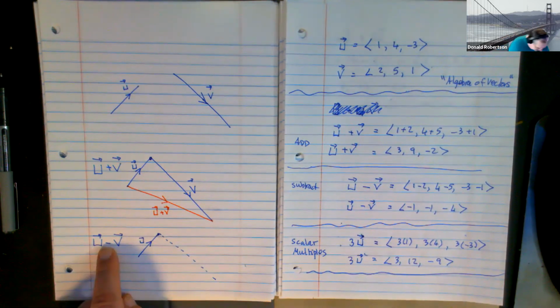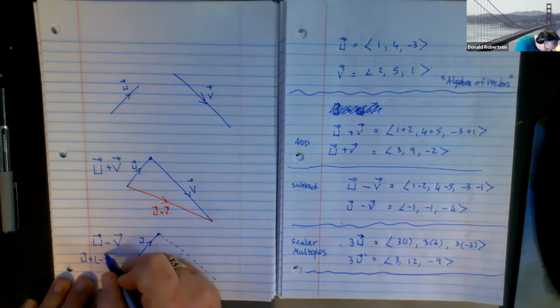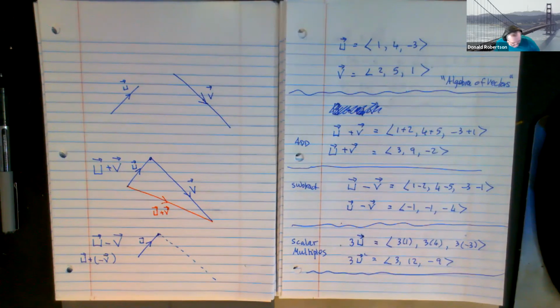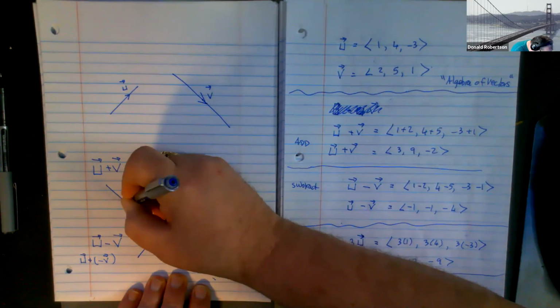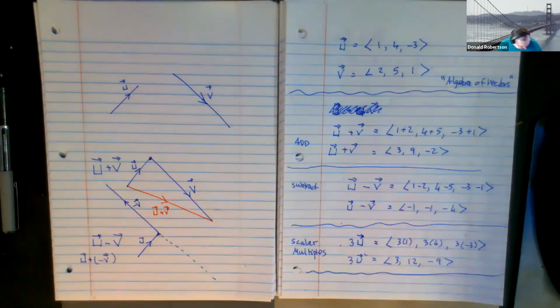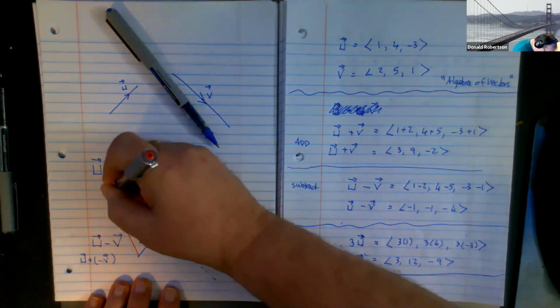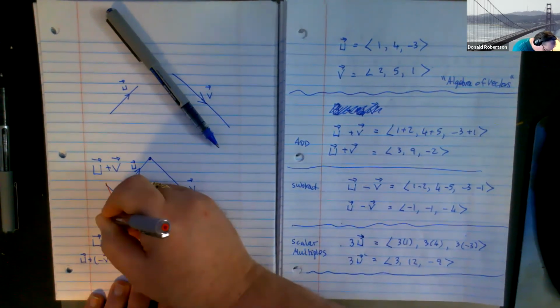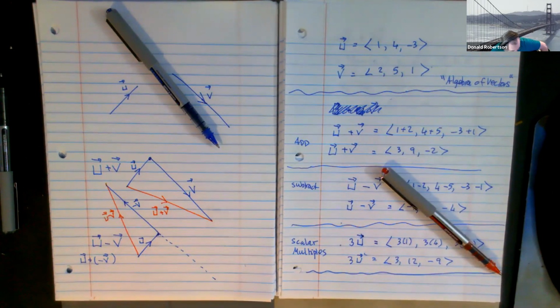But this can be thought of as adding the negative of v, right? So what you will do is you will go this way. And that's what negative v looks like. And now you join the start to the finish. And this is what u take away v looks like. I don't know how good I am at drawing, but does that get you the gist of what's happening?